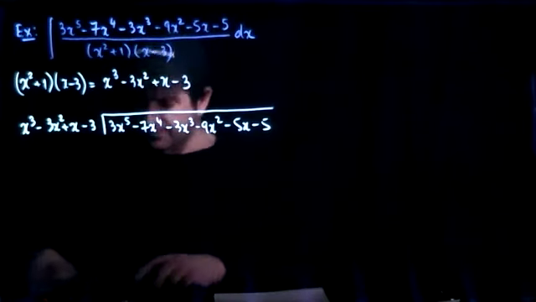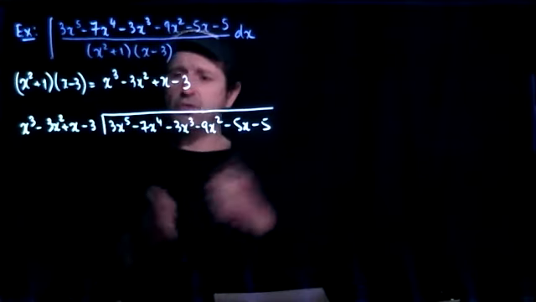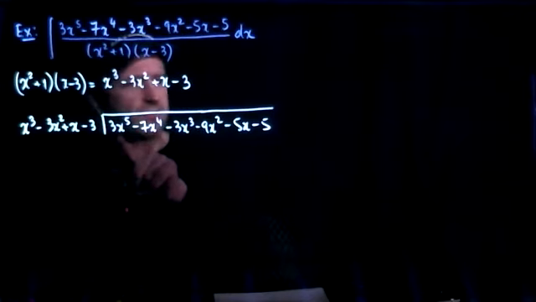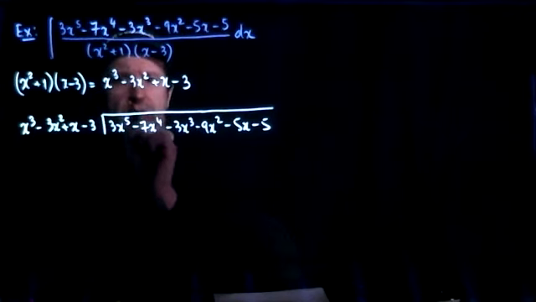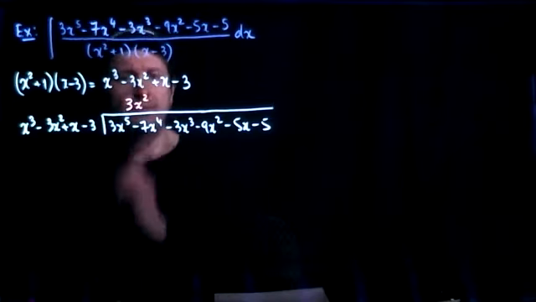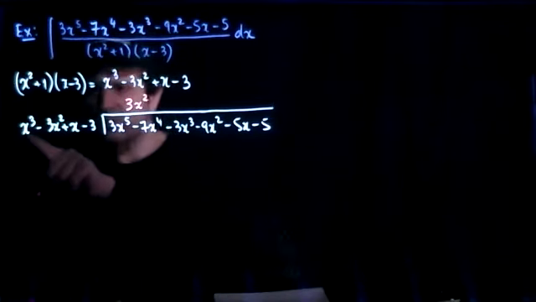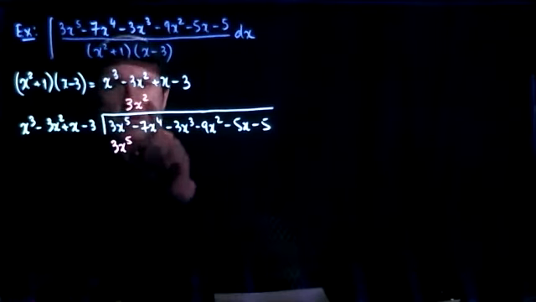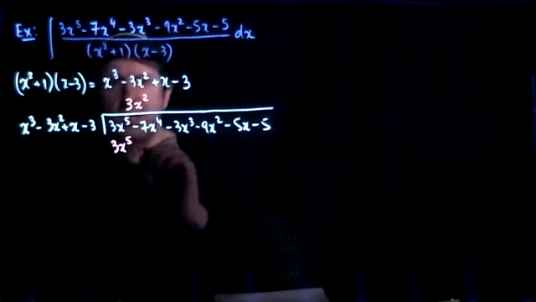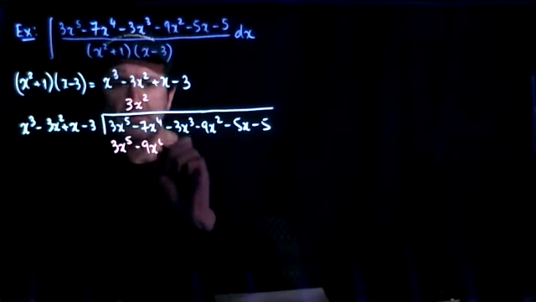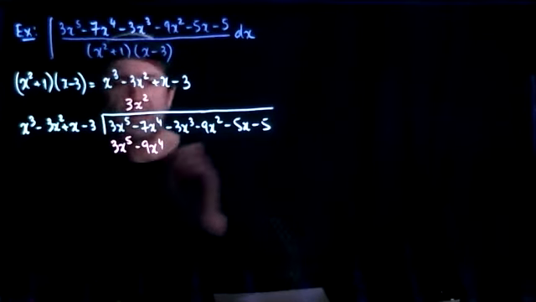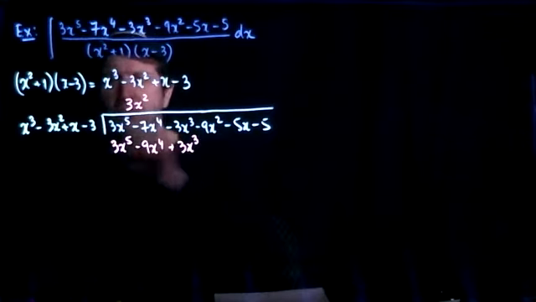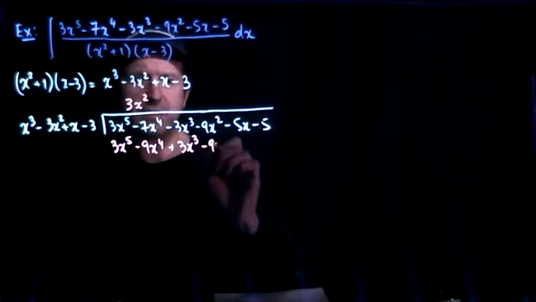Now you ask yourself how many times does x^3 go into 3x^5, and that of course is 3x^2. So 3x^2 times x^3 is 3x^5, and 3x^2 times -3x^2 is -9x^4. 3x^2 times x is plus 3x^3, and then 3x^2 times -3 is -9x^2.